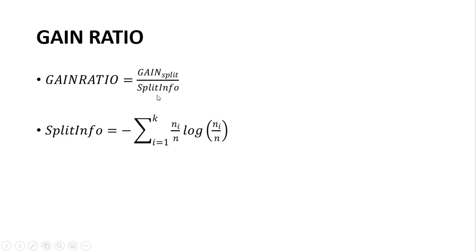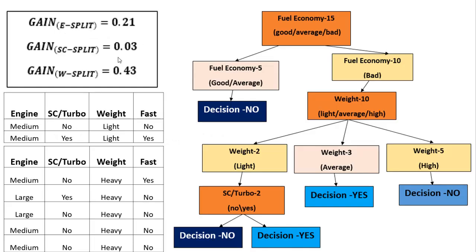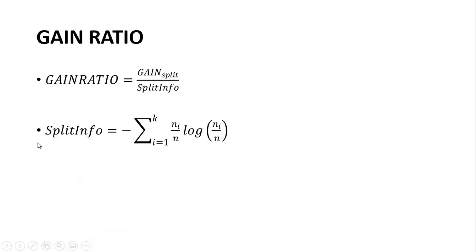By dividing by this value we get the gain ratio. The main advantage of gain ratio is that it is capable of handling missing values, and it can also handle attributes with a large number of categories, unlike information gain which fails in that case. Gain ratio can handle it.